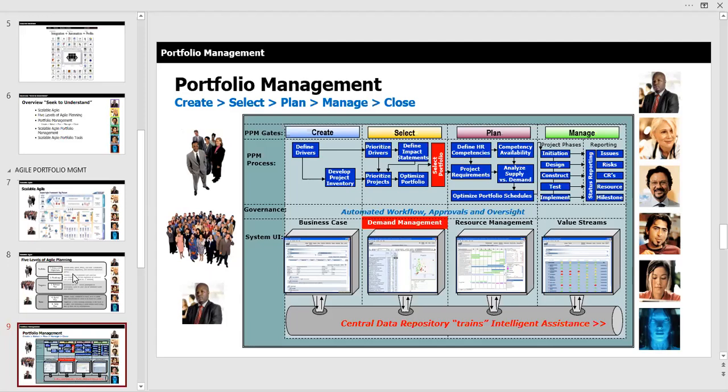And then at the bottom, you'll see it says Central Data Repository trains intelligent assistants. So really that's what this is all about, is all of the work that we're putting into our system is there to teach our assistants, intelligent assistants. And I don't use the word artificial intelligence because we're still so far away from that.